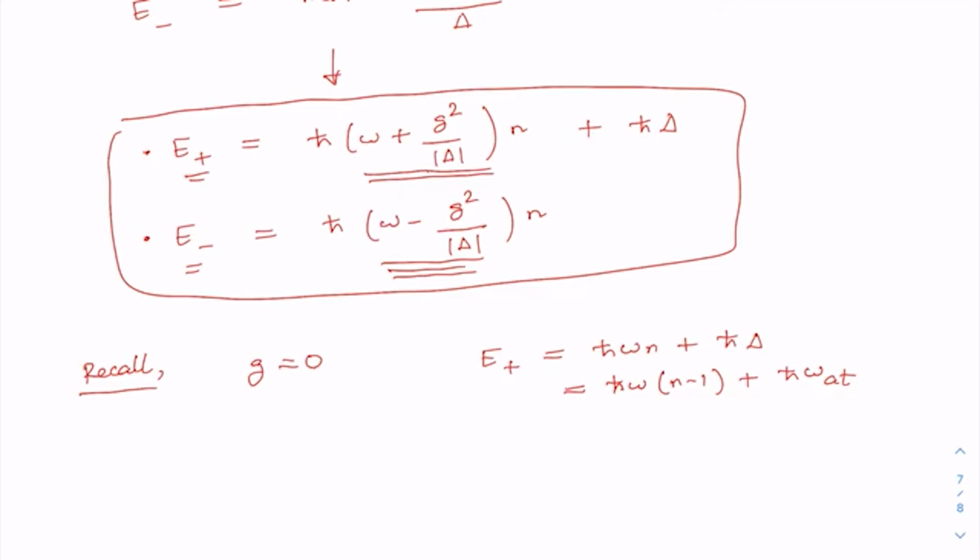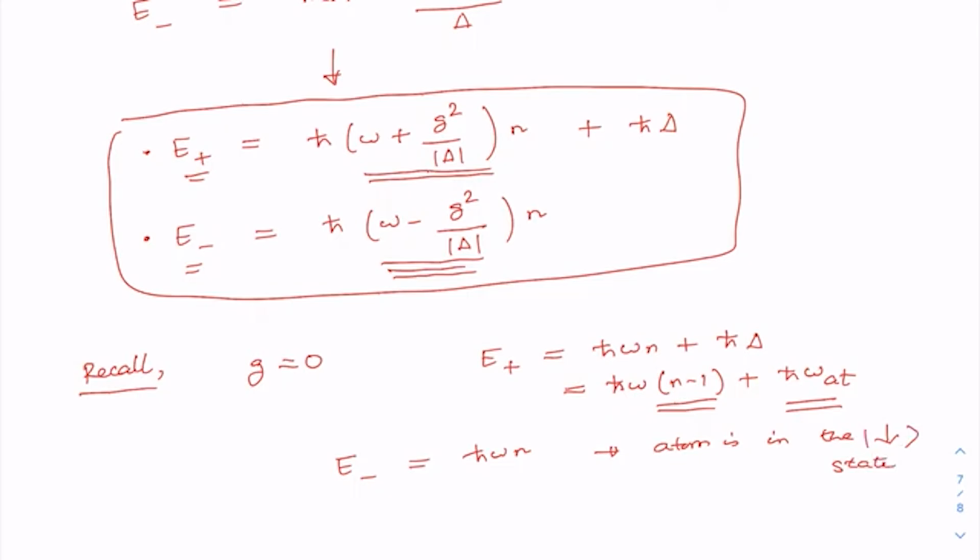So the atom is in the excited state, and in the field mode there are n minus 1 photons. On the other hand, we had another energy level that was simply h cross omega n. Here n photons are in the field and the atom is in the ground state, or the down state. Okay, this we already know.